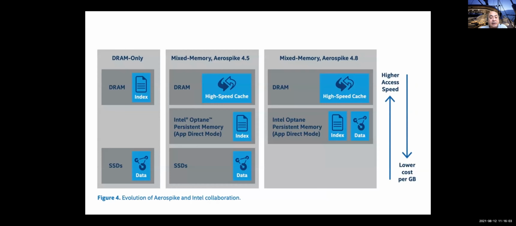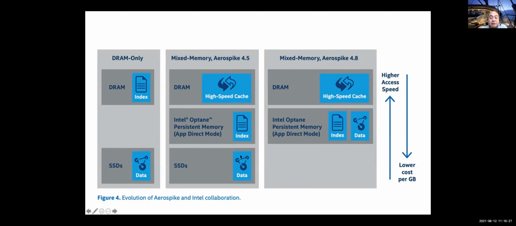So in using Aerospike, we can configure it in different modes. The original mode that we have been using was having the index in DRAM and the data in SSD, as I mentioned a few times. The other extreme is to even store the data in the DRAM, and needless to say, it would be very expensive. So with the PMEM, you can store the data in the PMEM also.